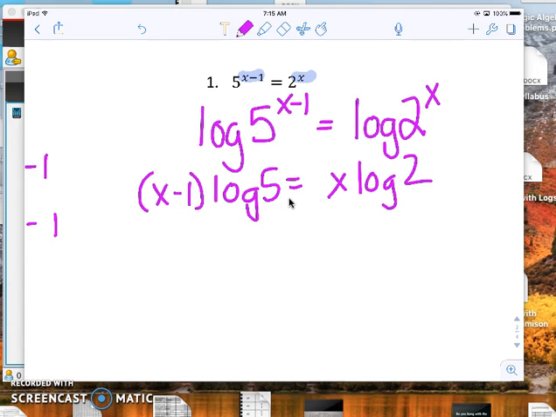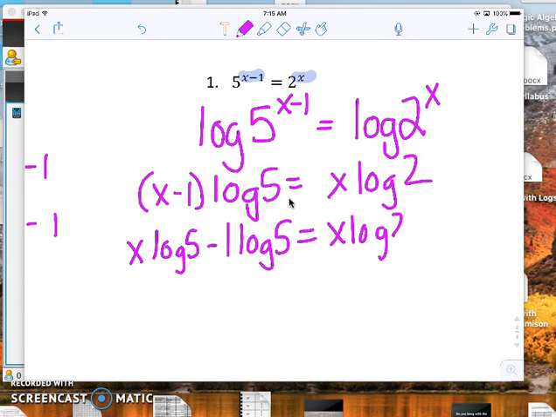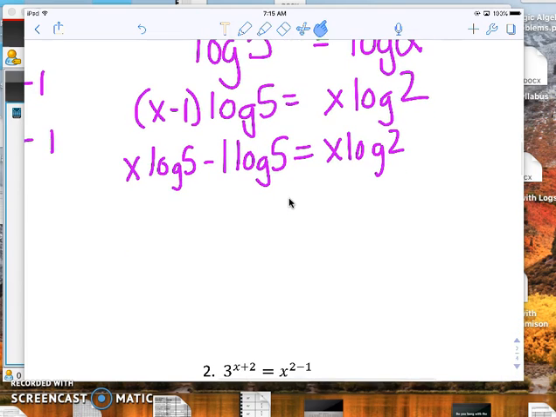And now it follows the same properties as just solving an equation, except it's a little messier because of these logs. So if we distribute, x log 5 minus 1 log 5 equals x log 2. Well, when you solve an equation, you want to get x's on the same side. So minus x log 5 on both sides.